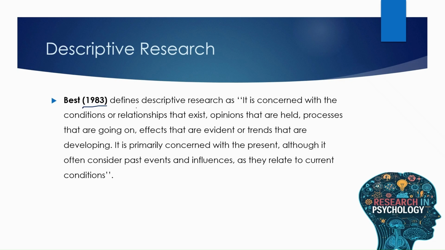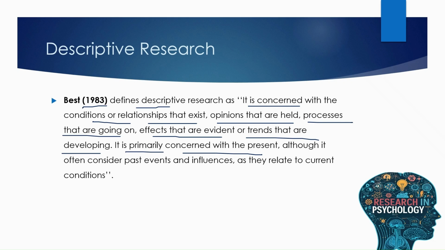He defines descriptive research as concerned with the conditions or relationships that exist, opinions that are held, processes that are going on, effects that are evident, or trends that are developing. It is primarily concerned with the present, although it often considers past events and influences as they relate to current conditions.